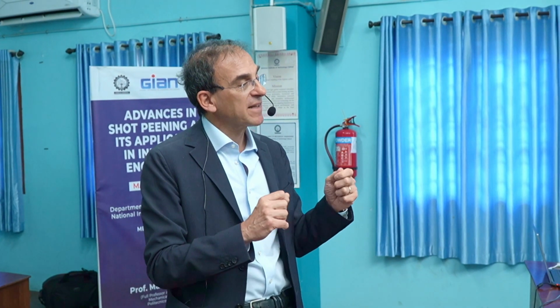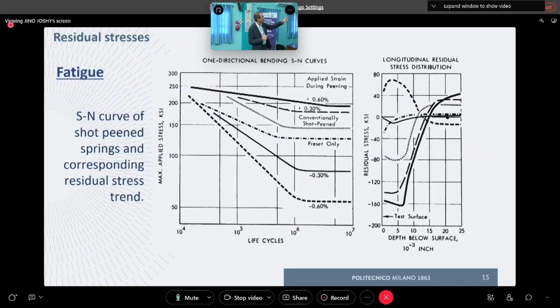Okay, this is a limited load, not enough to cause plastic deformation, but it is increasing the final residual stress. The difference between minus and plus is that we are peening two different faces of the leaf spring.